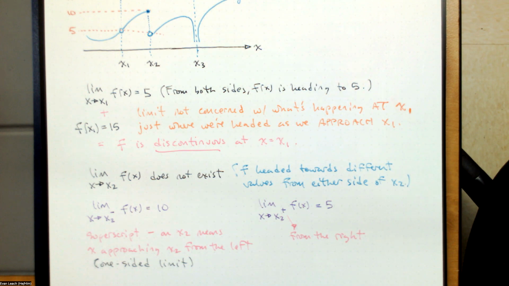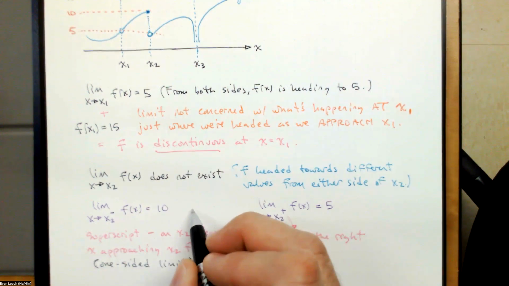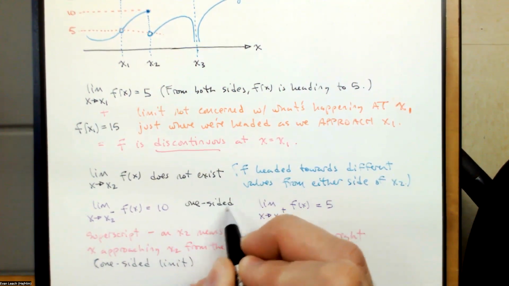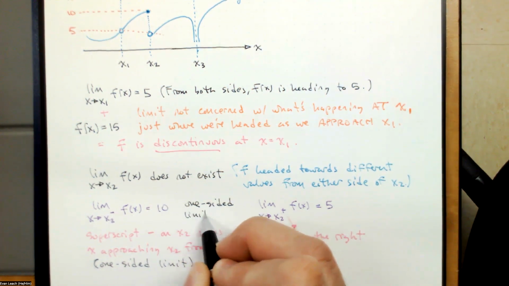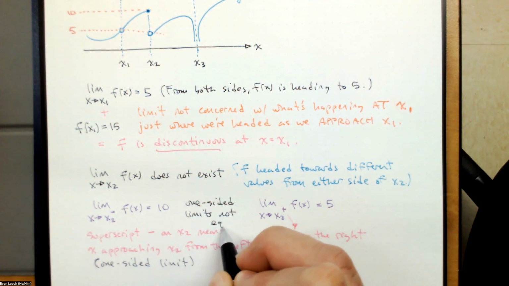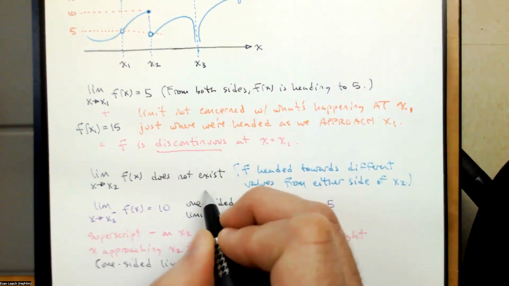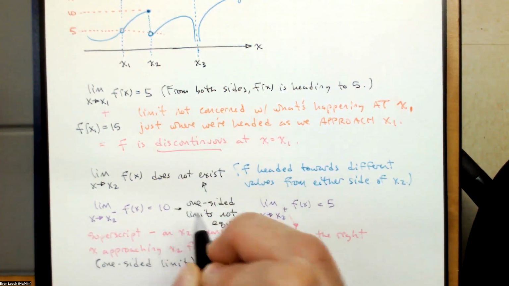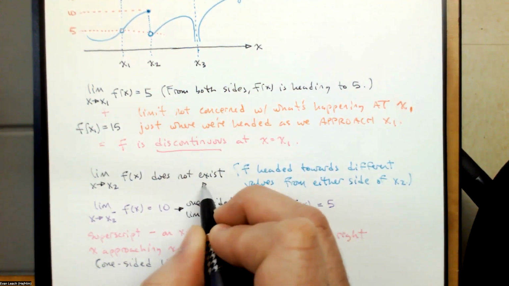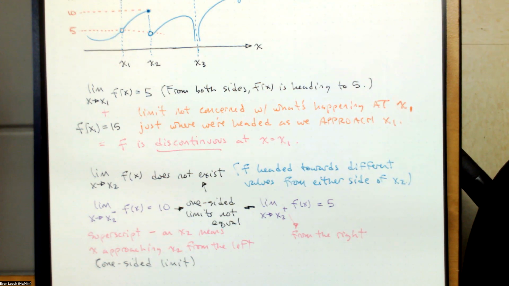Since these two one-sided limits are not equal, we say the limit does not exist.